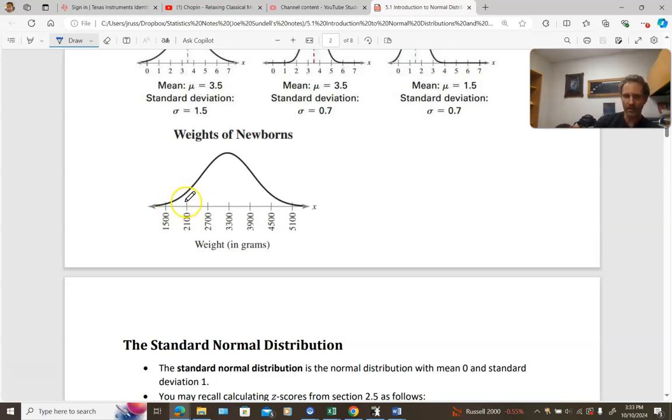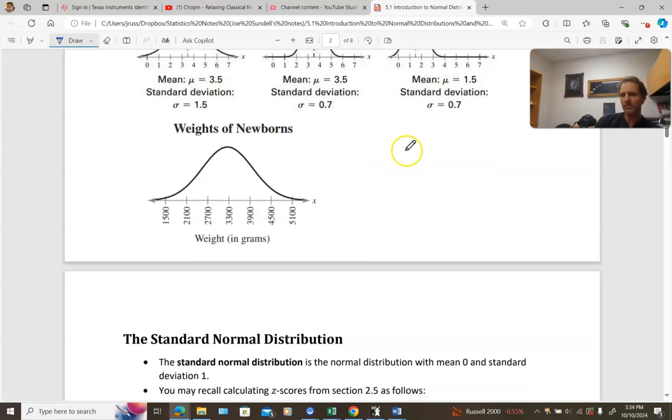And similarly, on the other side, babies that are significantly smaller, 4 or 5 pounds, those are also relatively rare as well. Okay, but anyway, this is just a real-life example of data, weights of newborns in particular, that is normally distributed. Okay?